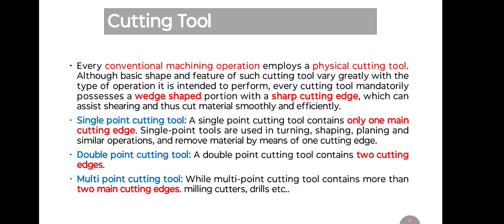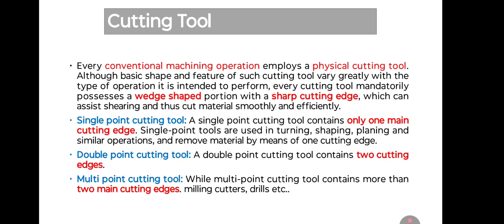If it is not, then it will not come under conventional machining operation, rather non-traditional machining operation. In non-traditional machining operation we will see in further slides that the cutting tool is not in contact with the workpiece, but in conventional machining operation the cutting tool is in contact with the workpiece and is forcing the workpiece. That's why we need higher hardness for the cutting tool.